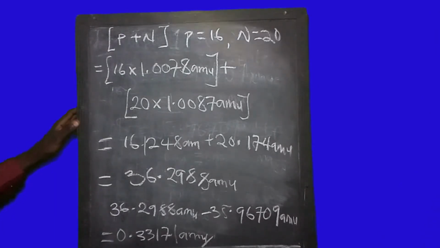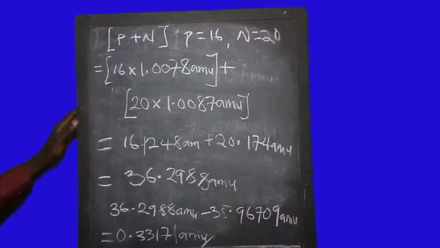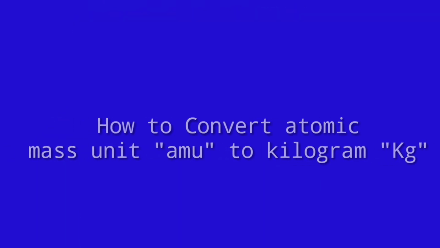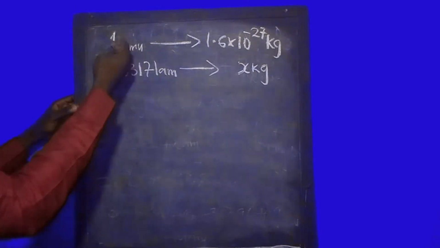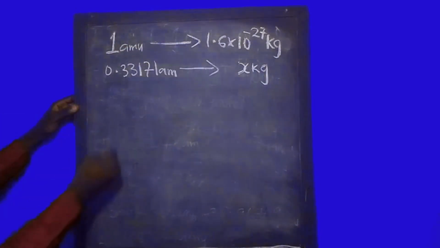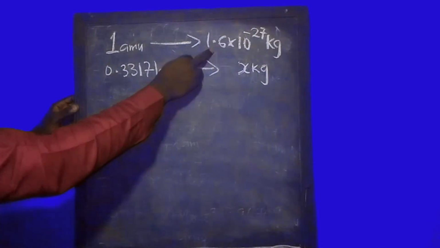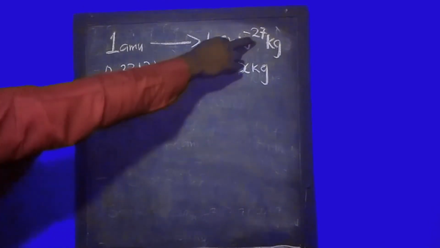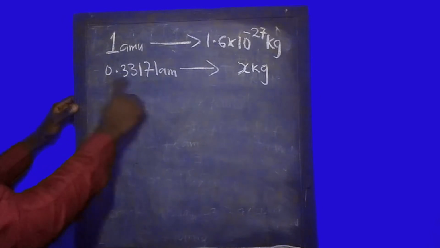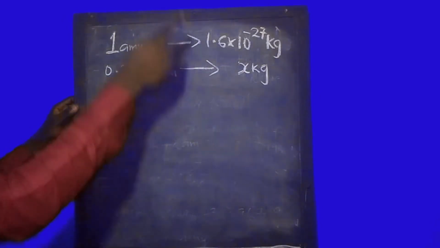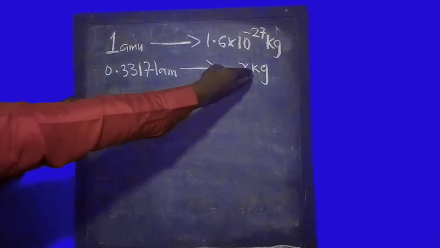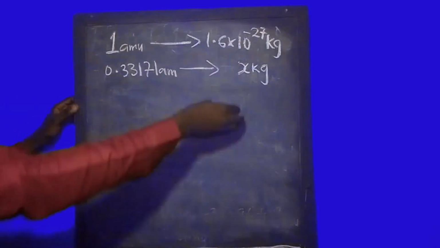But mind you, our mass defect is calculated in kilograms, so whenever you are working, you must convert this AMU to kg. Here we are converting our AMU to kilograms. 1 AMU is equal to 1.6 × 10^-27 kg, and here is our calculated mass in AMU that we wanted to convert to kilograms. So we put the x ahead of it so that we can cross multiply.